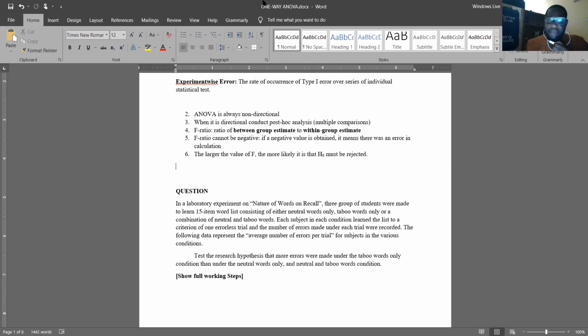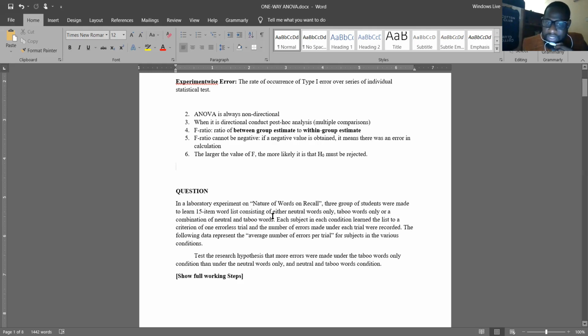The term one-way tells you that we have one independent variable. Because with ANOVA, we have several types of ANOVA. But when it comes to this course, our focus will be on one-way ANOVA. So when you see one-way, it implies that we have one independent variable.